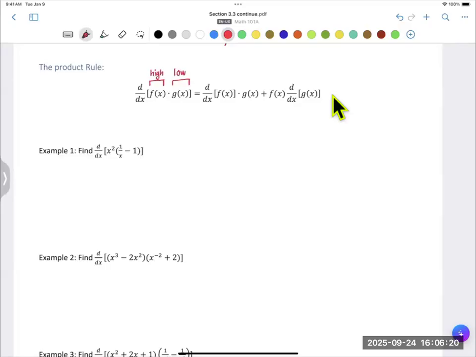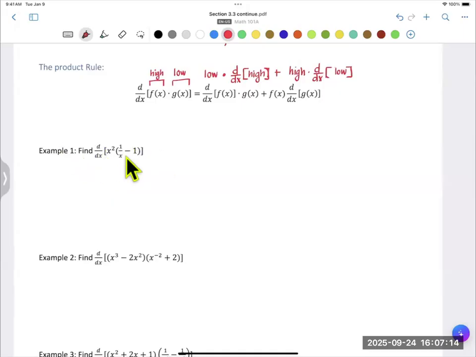Then your derivative will be low, stay the same, times the derivative of high, low d high, plus high, stay the same, times d low. Okay, so let's use this phrase to apply to the problem down here.